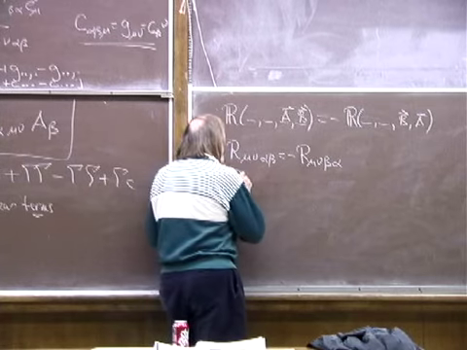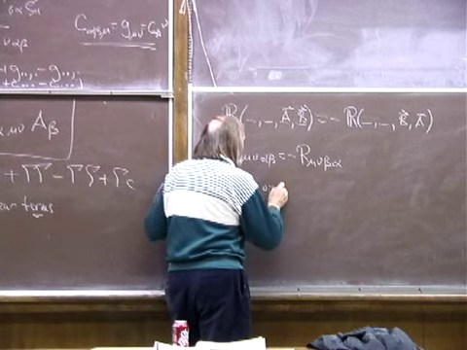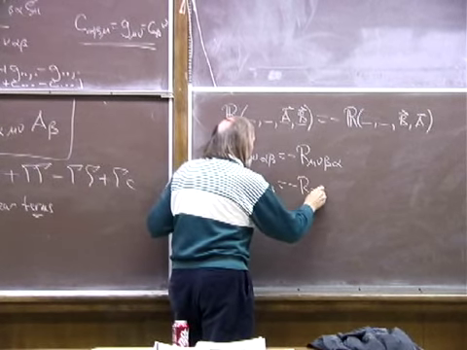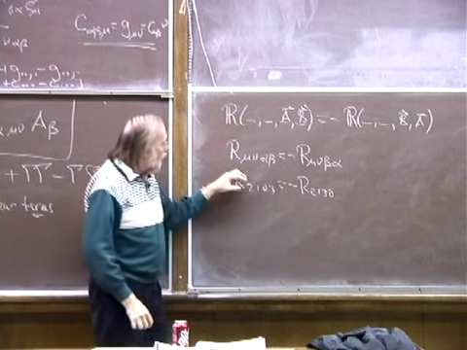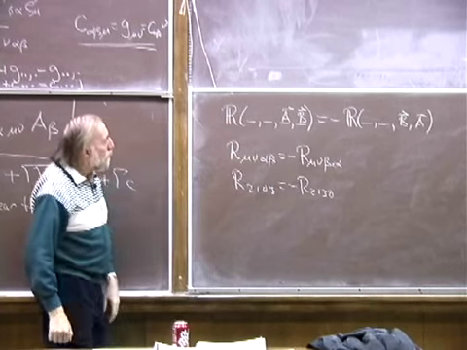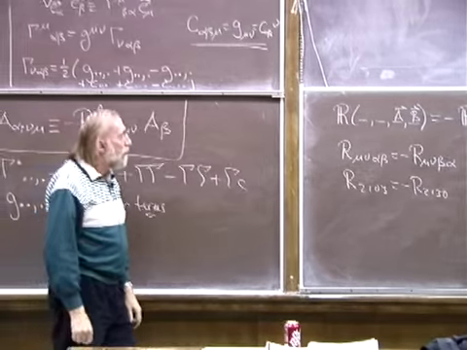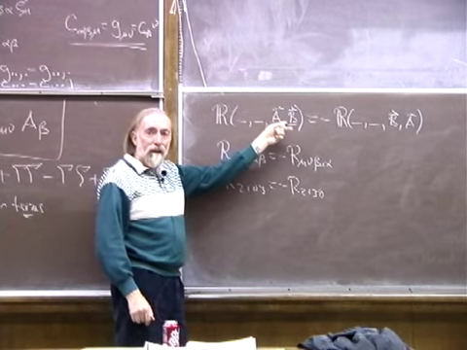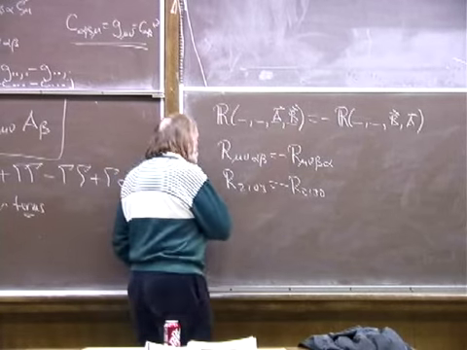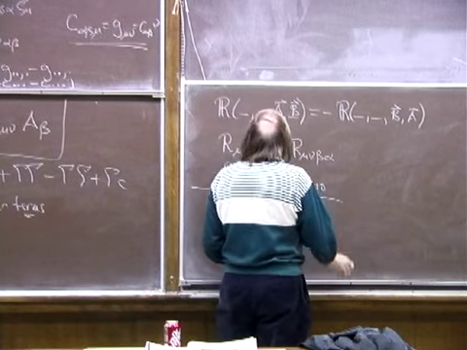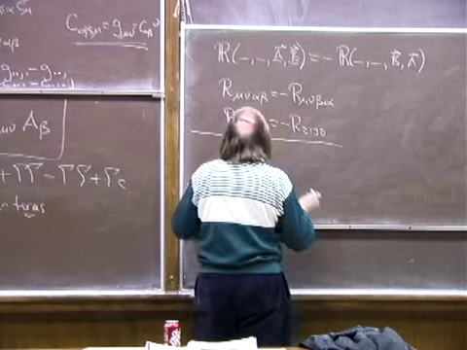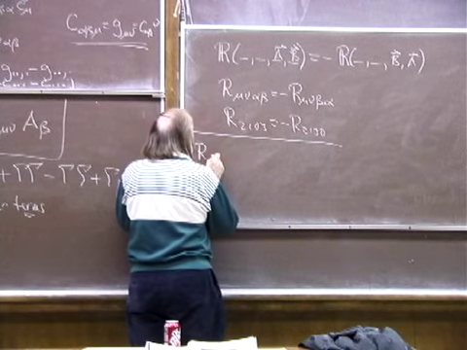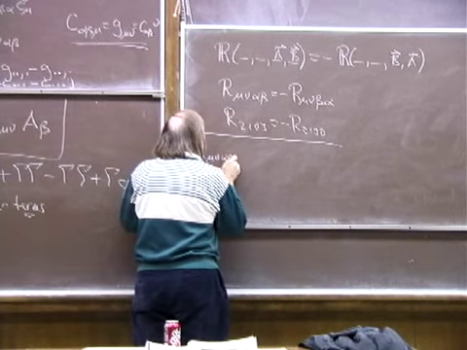So R2103 will be equal to minus R2130. So that's the meaning in terms of components in a basis. The meaning in terms of slot naming index notation is this. So that's one symmetry. So let me write it down here in slot naming index notation.